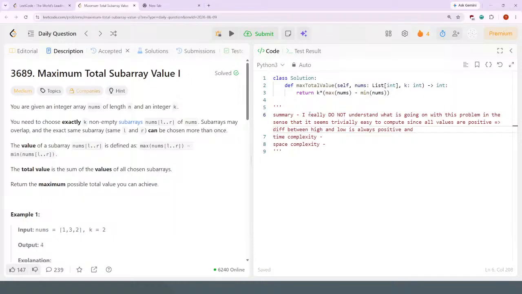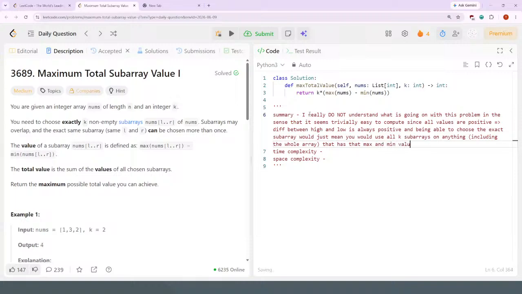And being able to choose the exact same subarray would just mean you would use all k subarrays on anything, including the whole array as a subarray, that has that max minus min value.